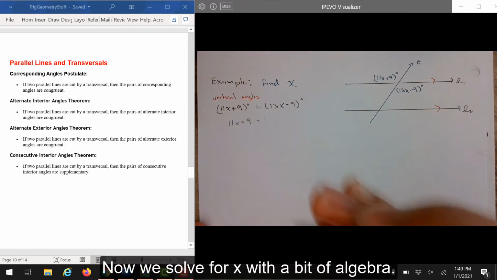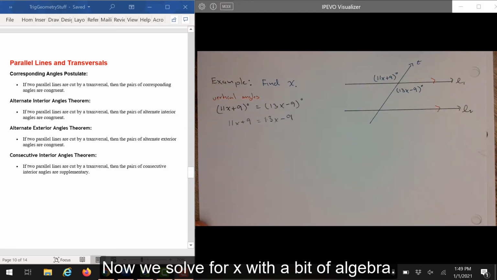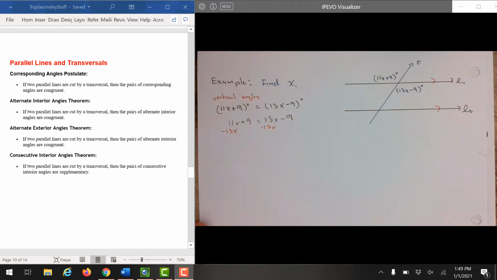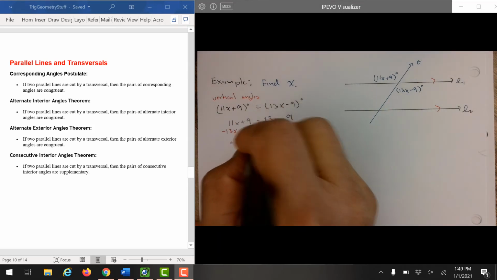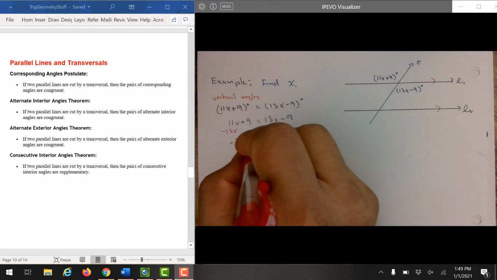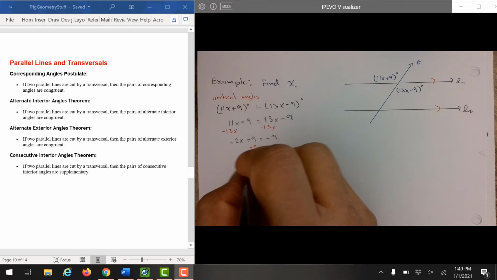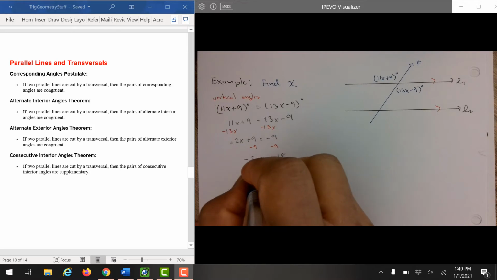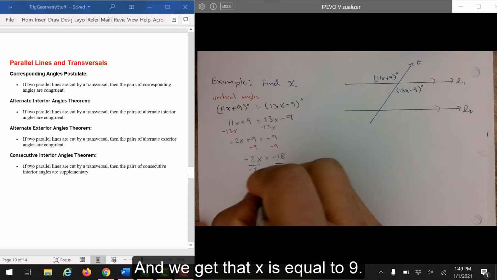Now we solve for x with a bit of algebra, and we get that x is equal to 9.